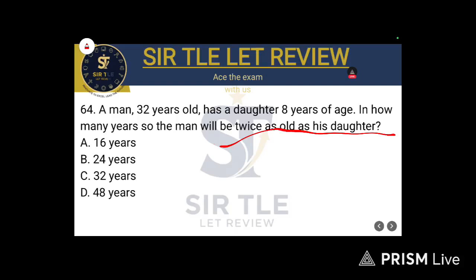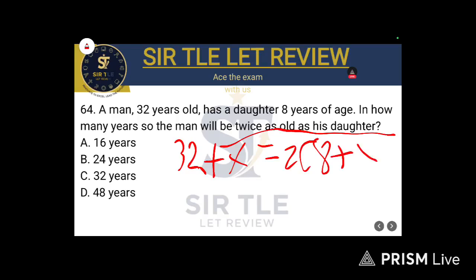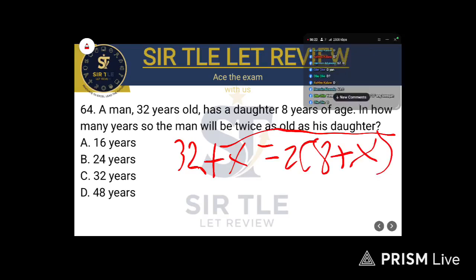So, X. Let X be the number of years that you need to pass. So, 32 plus X equals to open parenthesis plus X. Ay nako, puro X. 32X. Wait lang. Let's do it.